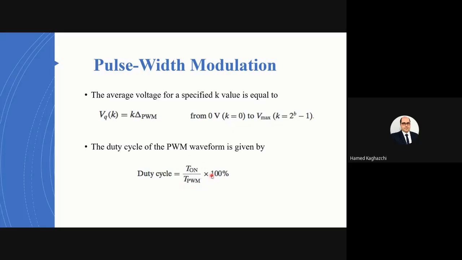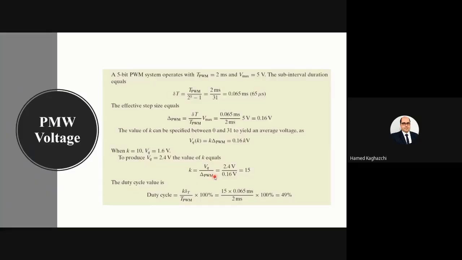As an example, suppose that we have a 5-bit PWM system. The period of the PWM signal is 2 milliseconds. The maximum voltage of the signal is 5 volts.